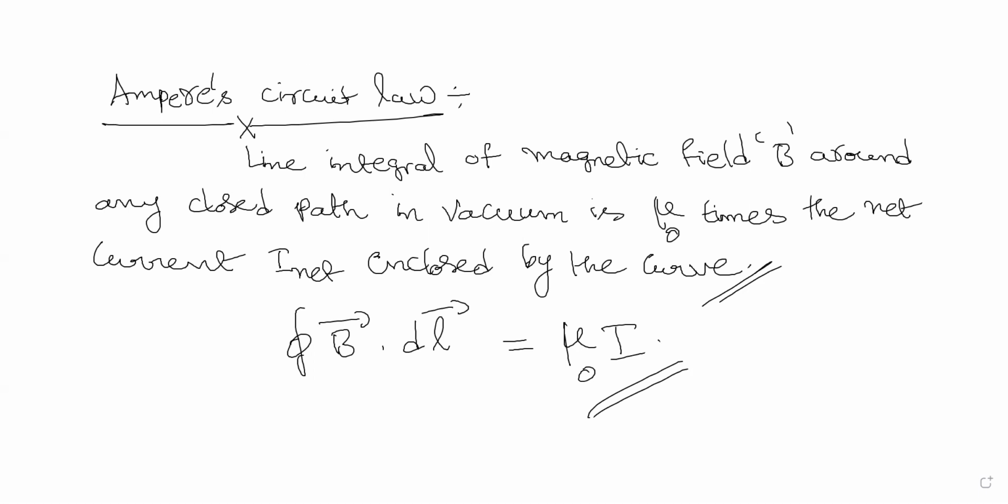Is anyone having trouble now? Okay, so everyone is fine. So what is this Ampere's circuital law? That's the line integral of the magnetic field. Okay, definition wise you leave it. How you have to do it is the thing. So can I clear this? Once finished with the definition, please let me know.